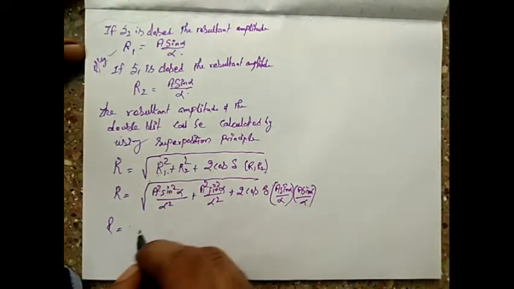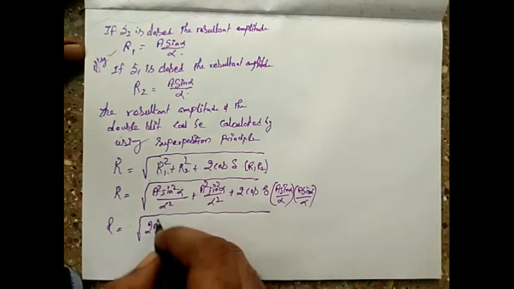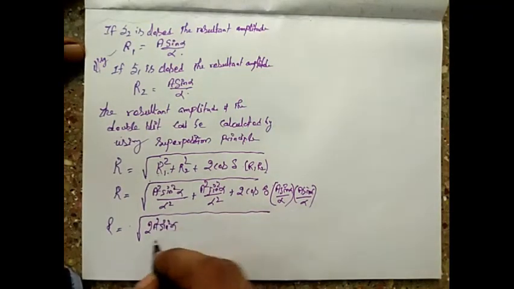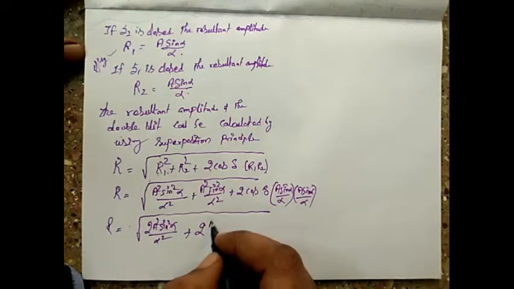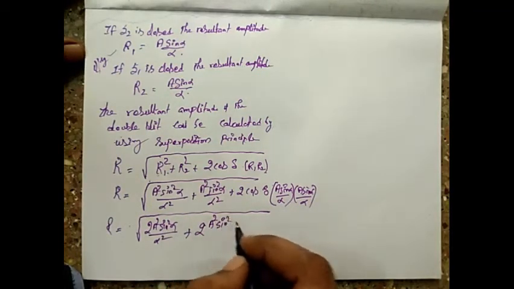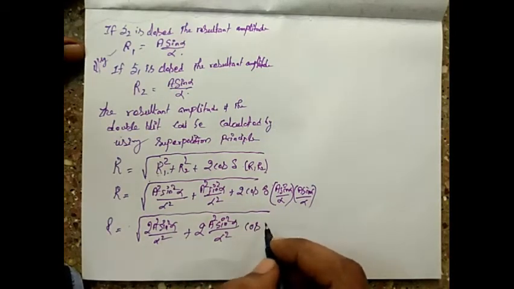So R is equal to the root of 2A square sin square alpha by alpha square plus 2A square sin square alpha by alpha square cos delta.